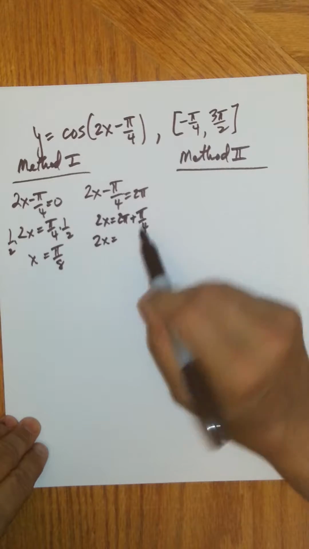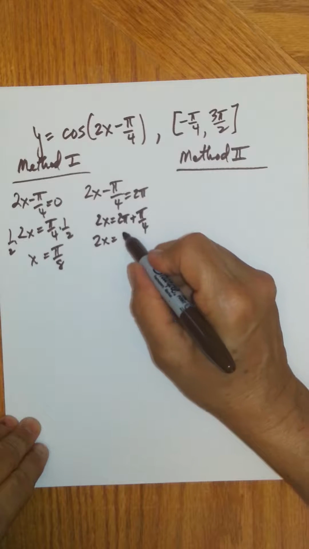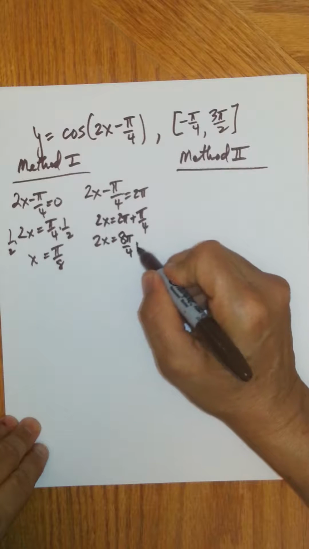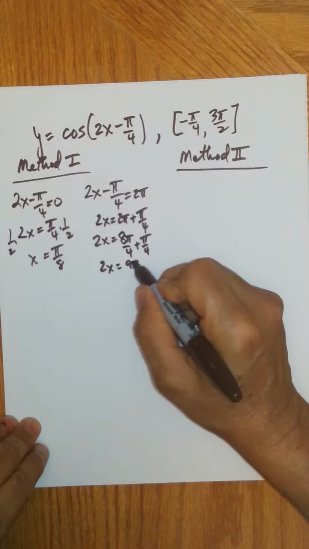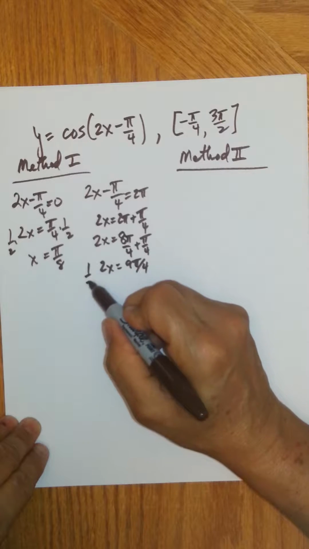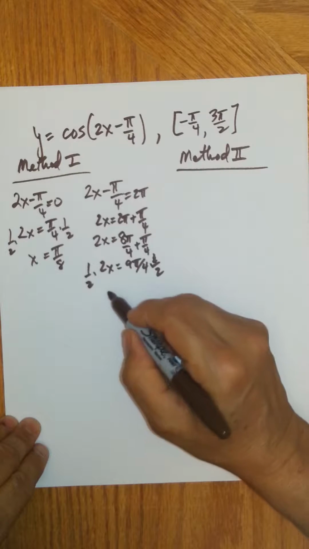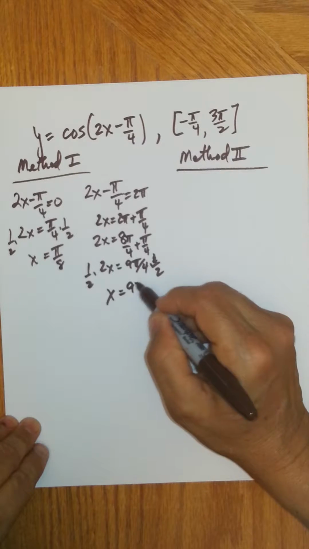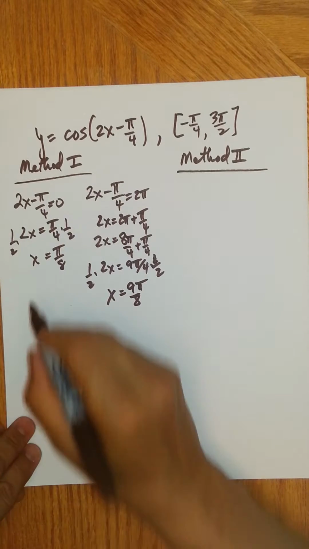So 2x equals, now getting a common denominator here, I would multiply by 4 over 4. So I'd have 8 pi over 4 plus another pi over 4. So 2x equals 9 pi over 4, and now I multiply by half to get rid of this 2. So now x equals 9 pi over 8. So this is where the wave begins, this is where the wave ends.